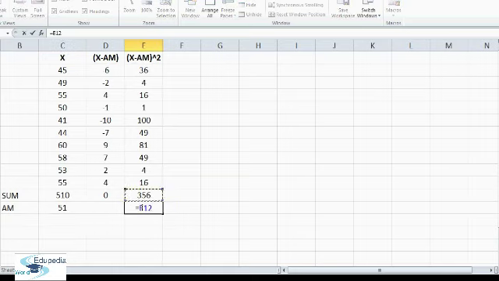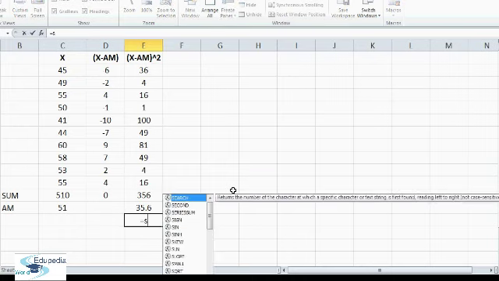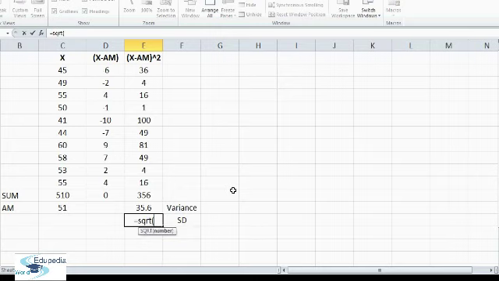Therefore the value here divided by 10, the total number of students, would give me the variance, of course, because we haven't still found the square root of this. So this is the variance, and the standard deviation we can simply find by taking the square root of this data. Okay, so now the standard deviation here is 5.9667.